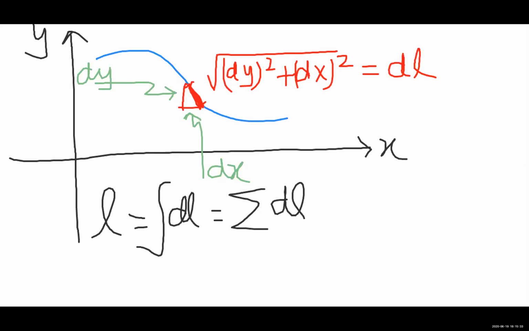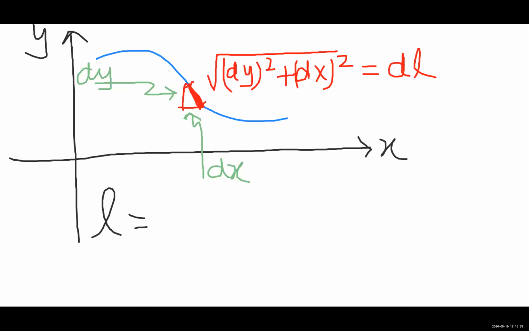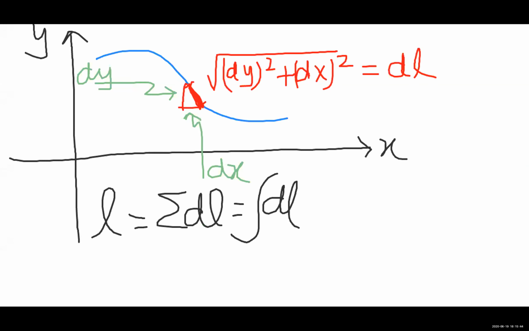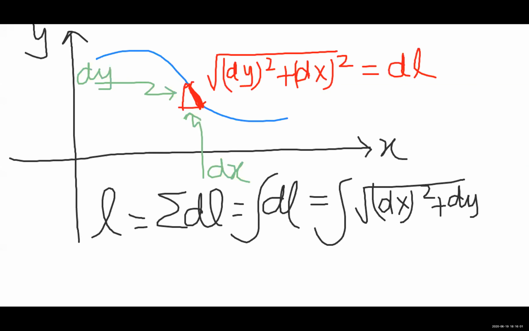So let me write it the other way around. Summation of dl, which is the integration of dl. So integration of dl would mean integration of under root of dx square plus dy square, right?